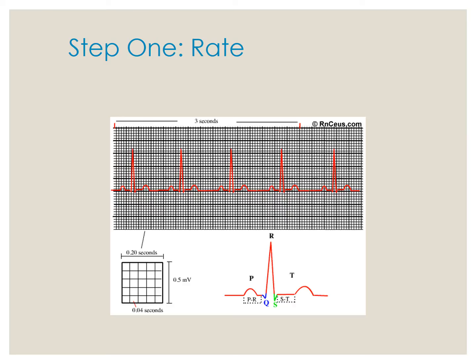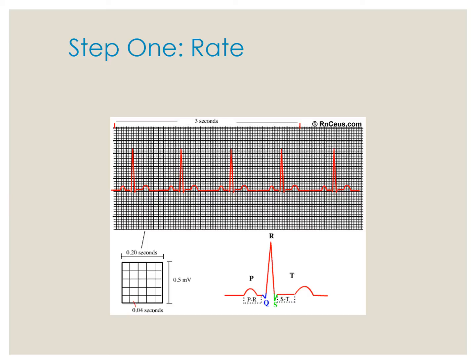Okay, so first one is rate. If you look at this slide here, you see the first P wave, then your QRS, then your T, then you see another P, QRS, T. If you see the 3 seconds up on top, you'll see these little lines that are pretty small, but they do stand up.